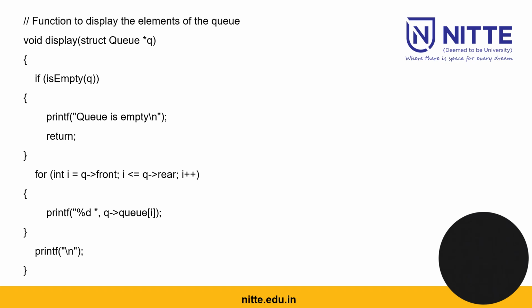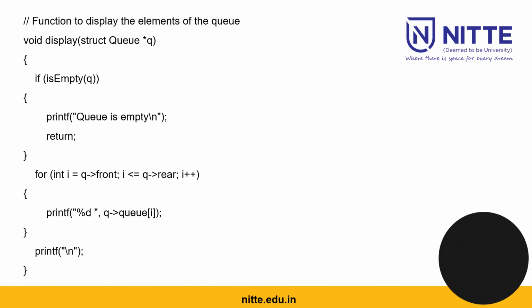So initially I will be taken as i = q->front, and it will print up to q's rear end. So i <= q->rear, i++. First it will print %d, q->queue[i]. What is that i? It is q->front, so whatever value is at the front, that is the i value.